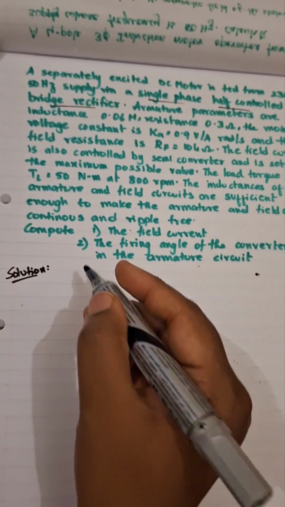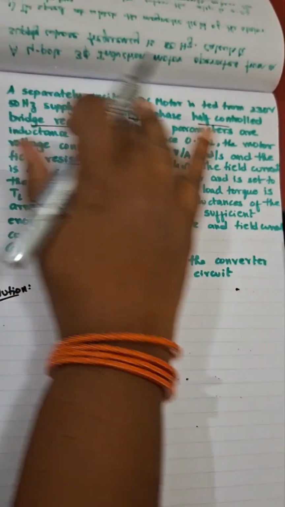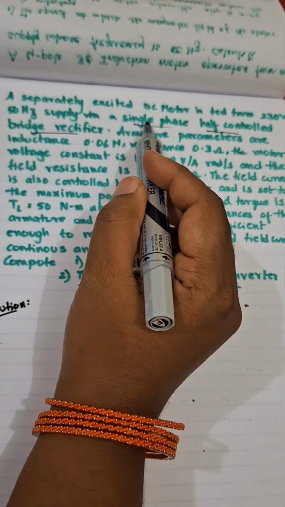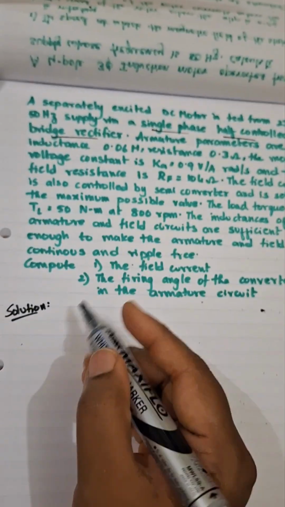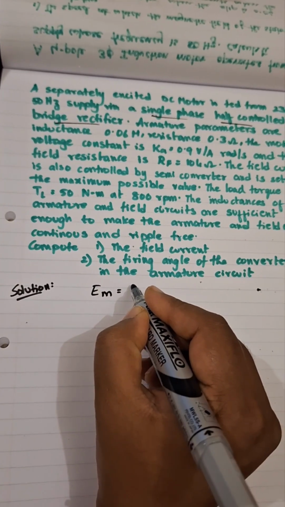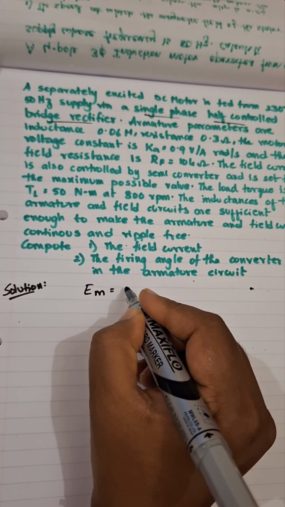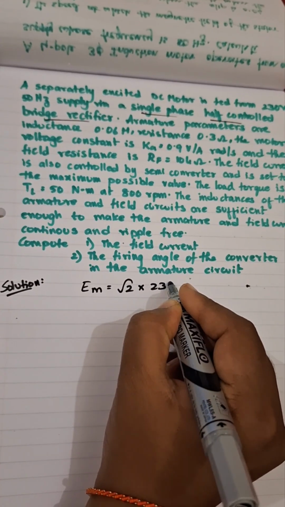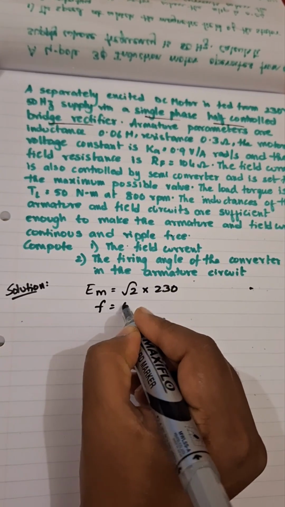Now what is the given data from the beginning? They gave a 230 volts 50 Hz supply to a separately excited DC motor through a single phase half control bridge rectifier. So I will say it as root 2 times 230. Frequency is 50.